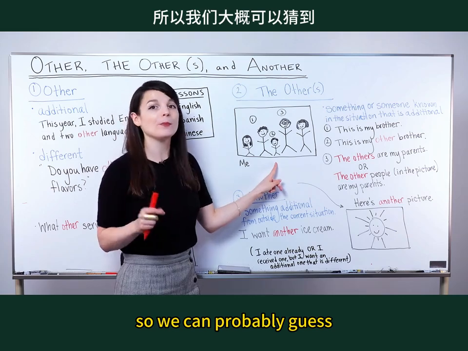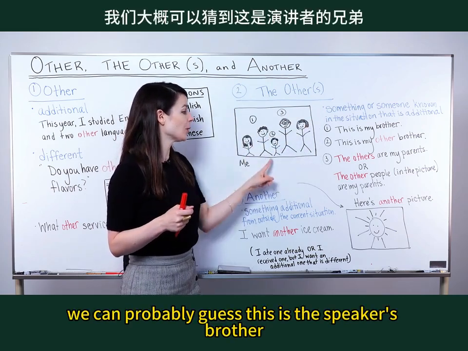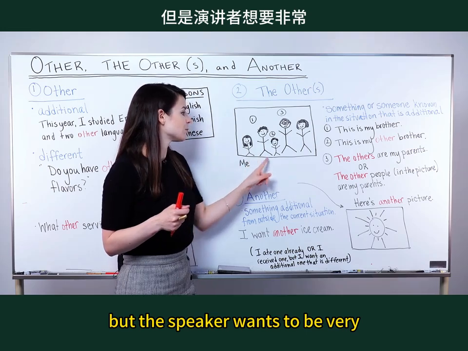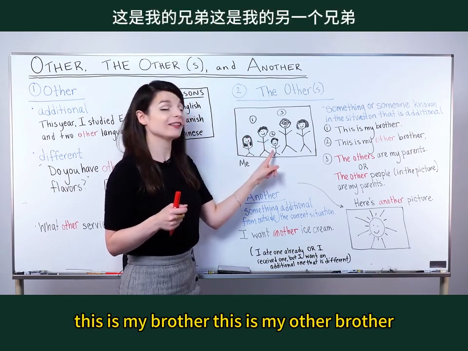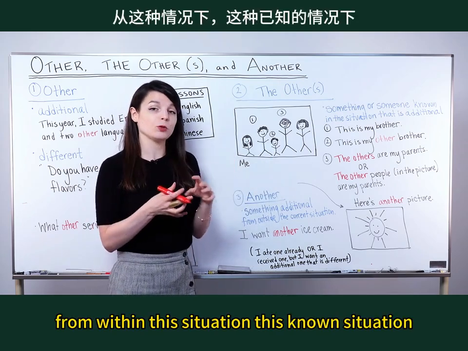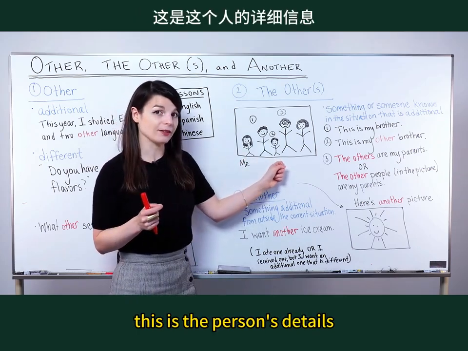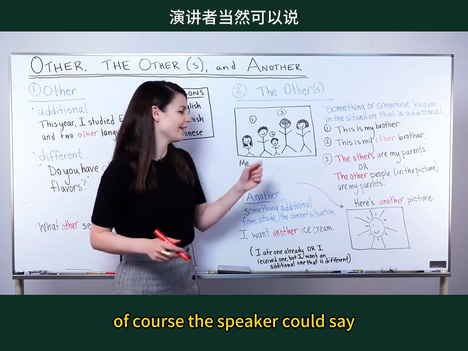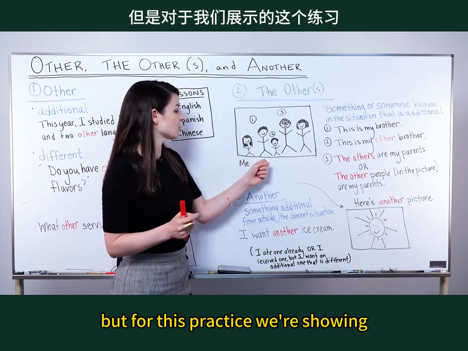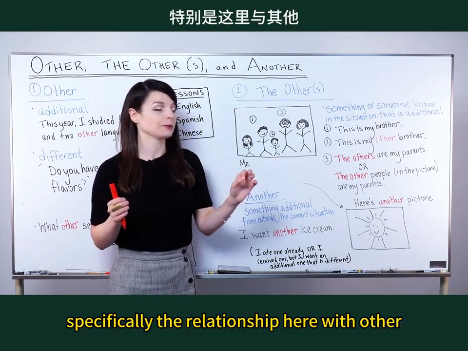Because we know this is a family picture, we can probably guess this is the speaker's brother, but the speaker wants to be very clear. This is my brother, this is my other brother. Of course, the speaker could say, these are my brothers, if they want to. But for this practice, we're showing specifically the relationship here with other.